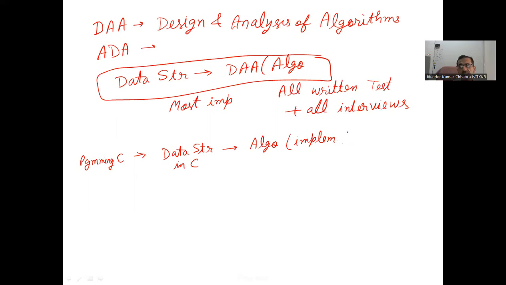But as the name suggests, we are not going to have only the implementation. We are going to touch upon two aspects: one is called design, another is called analysis.